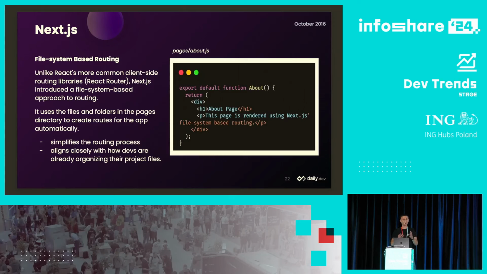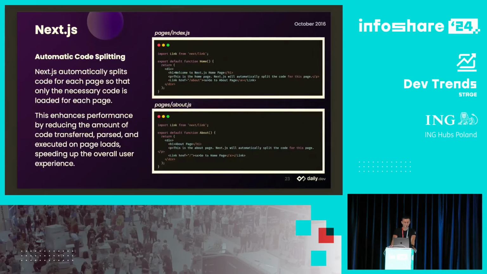To make it simple, if I have an api.ts file inside my pages, there will be a /api route exposed for the users. How many people have ever used Next.js? So, okay.